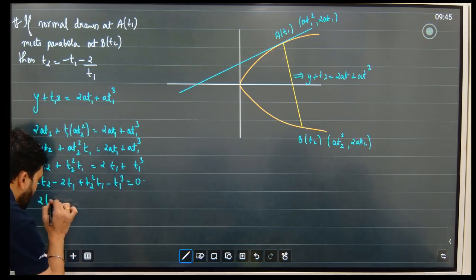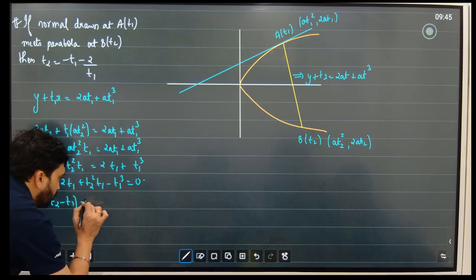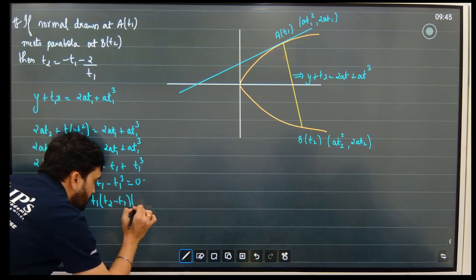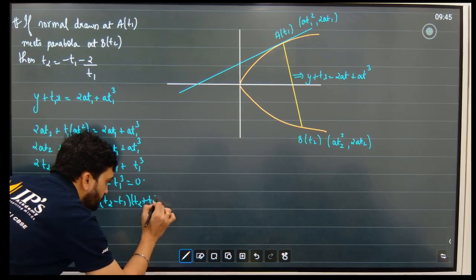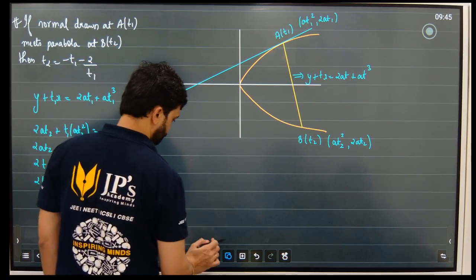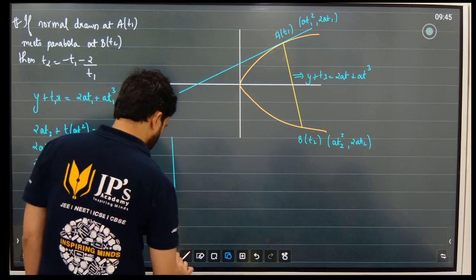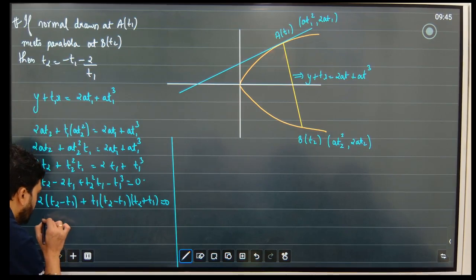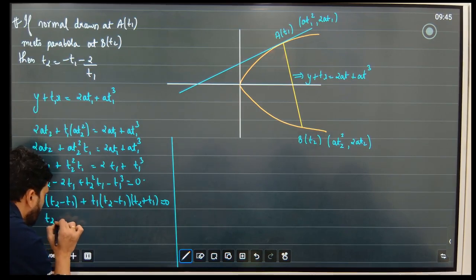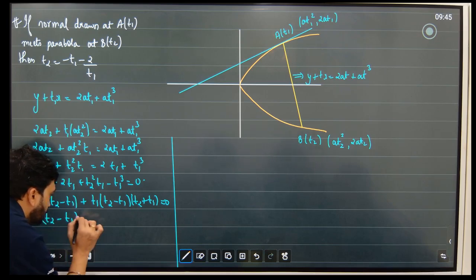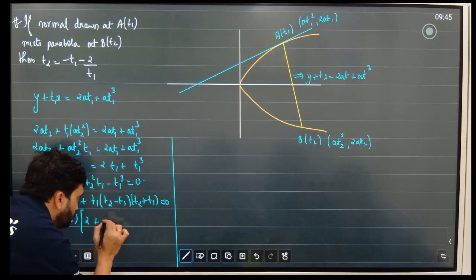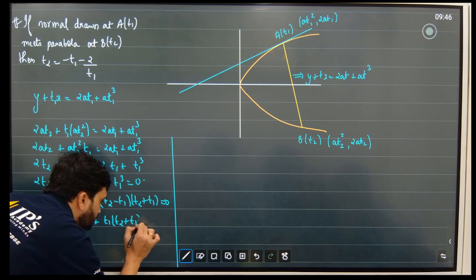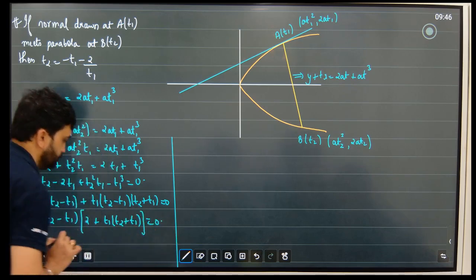So if I take 2 common, I'll get t2 minus t1 plus t1, t2 minus t1, t2 plus t1 is equal to 0. Now if I solve this further, if I take t2 minus t1 common, I am left with 2 plus t1, t2 plus t1 is equal to 0.